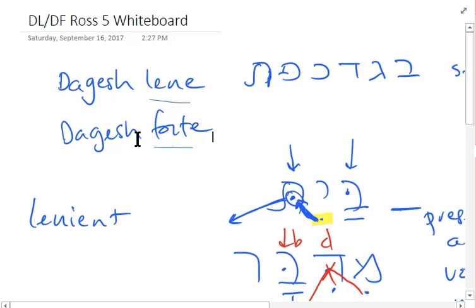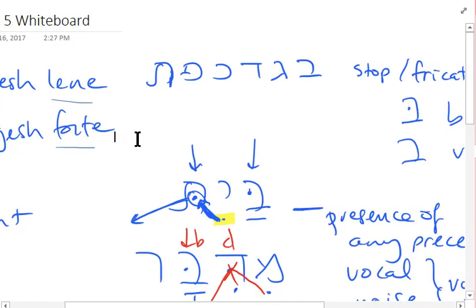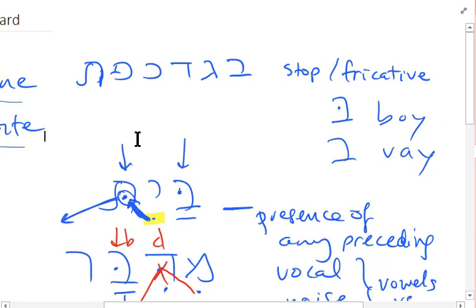If there is a dot inside, you treat it as a stop consonant. And if there is no dot inside, no Dagesh lene, then you treat it as a fricative, and you don't close off the airflow completely, but you let the air go through the pronunciation of the consonant. So remember, not every consonant will be pronounced as a stop or a fricative today in modern pronunciation.